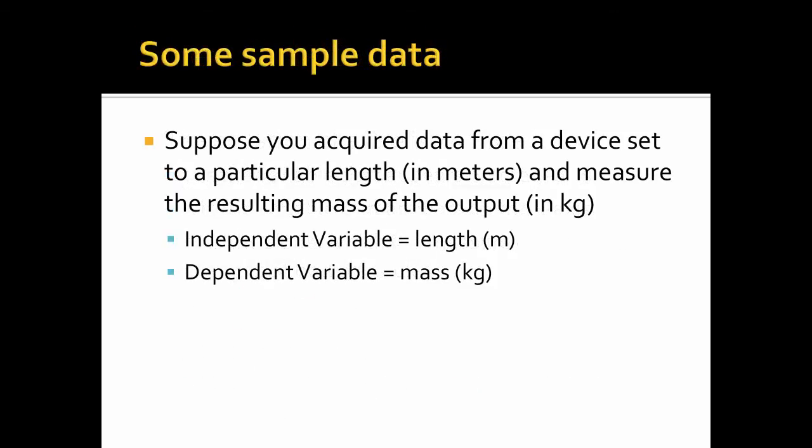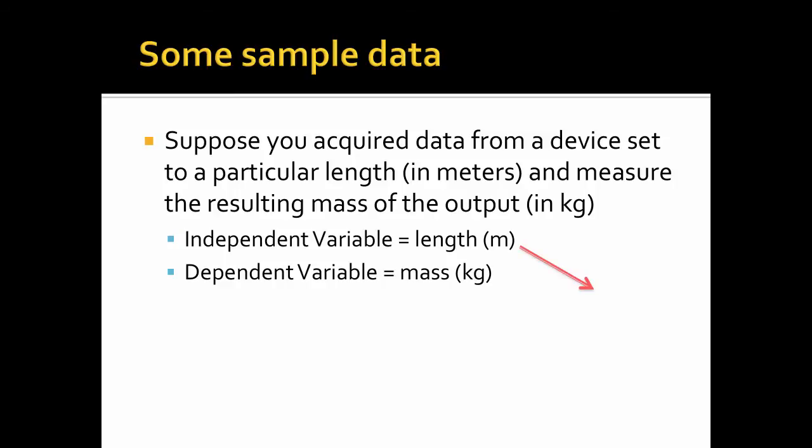So let's imagine we've got some sample data. Just something where we have a machine that produces a length of some material, and what we do is we then go ahead and measure the mass of that material. A simple experiment. It's not really all that interesting, but it'll do for the point of us learning how to make the graph. So first off, the independent variable is the thing that we control. In this case, we controlled how long the object was.